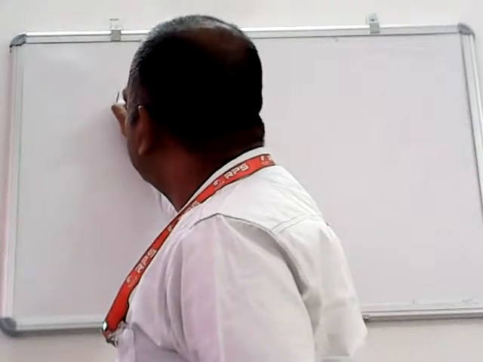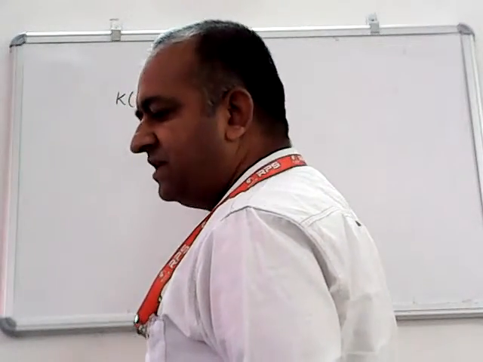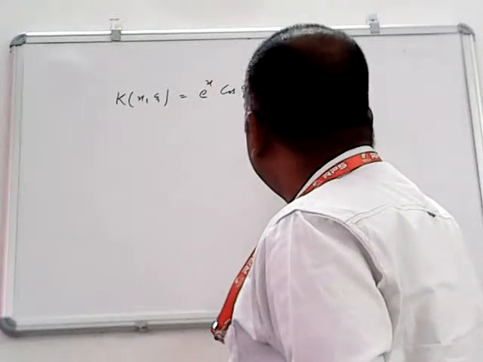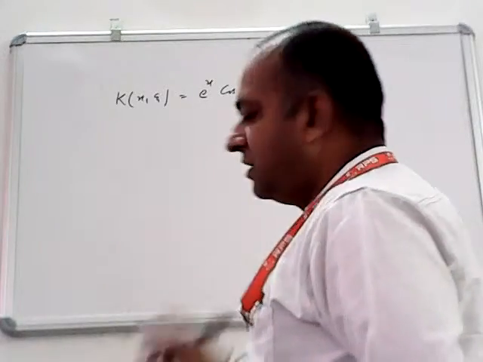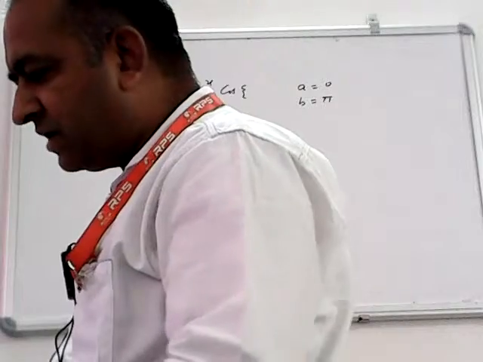in the last lecture we discussed the kernel K(x, ξ) = e^(x cos ξ), where a was 0 and b was equal to π. We have to calculate the resolvent kernel in this particular case.